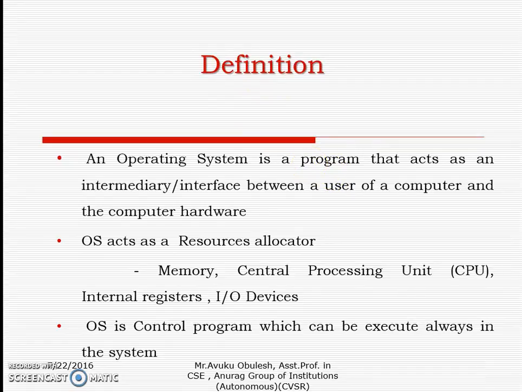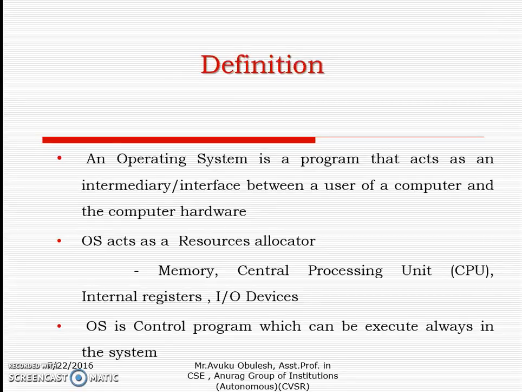In other ways also we can define our operating system. First one is resource allocator. Operating system acts as a resource allocator. That means for executing any process, the process requires memory, central processing unit, internal registers, and I/O devices.